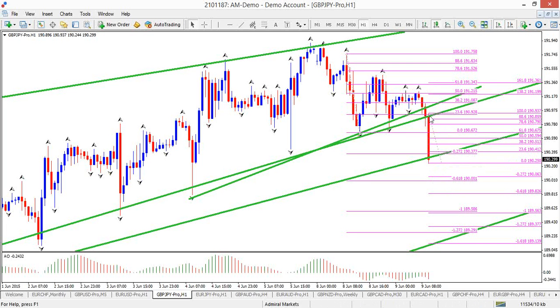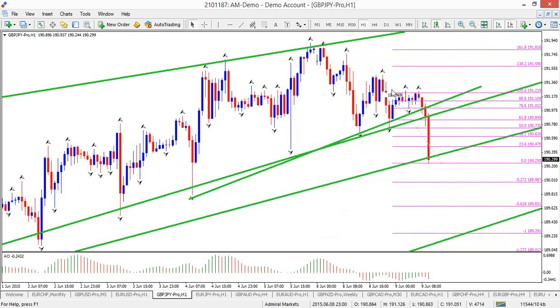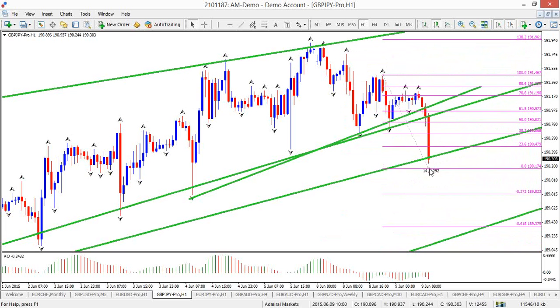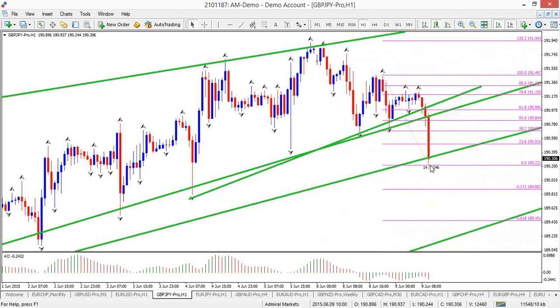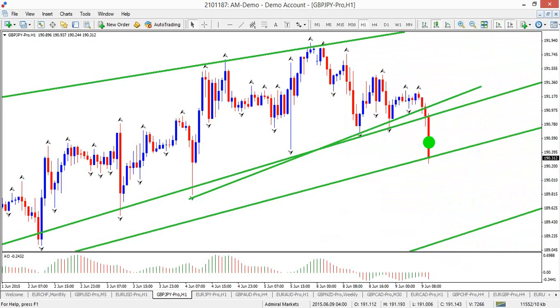If it reaches 190, I might need to move the fib up actually, and fib this from here to the bottom. But anyhow, if you use a tighter one, it could be a bit riskier. It could be better to use the entire swing high, swing low.